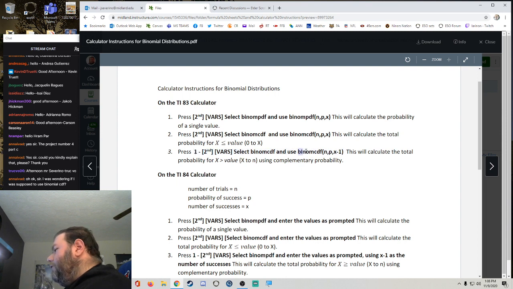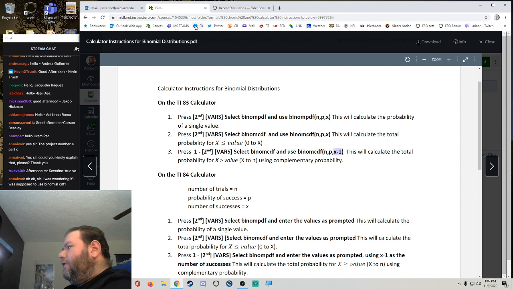We use Binomial Cdf with n, p, and x minus 1. But instead of plugging x in like the first two do, we actually use x minus 1 here.